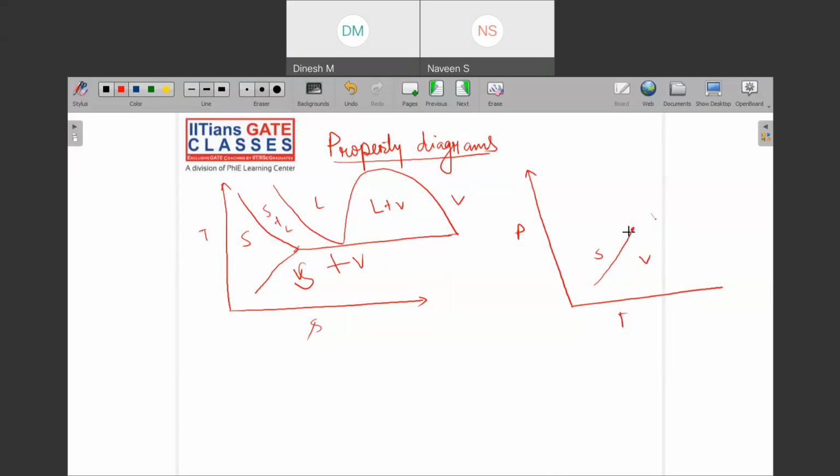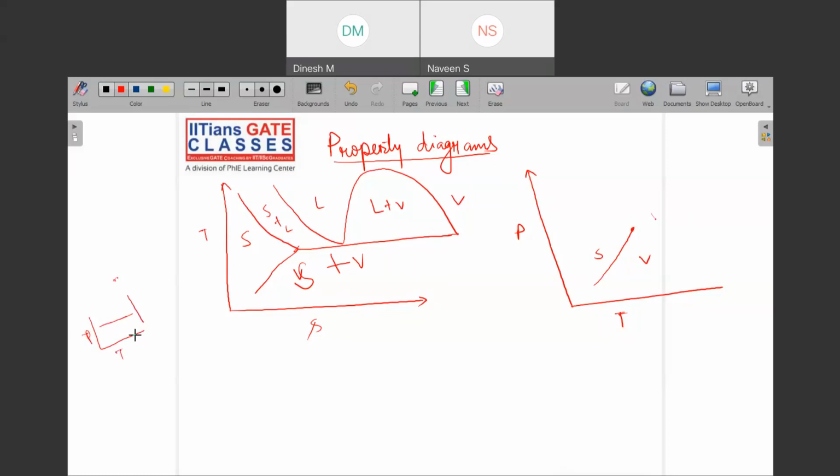Why? Because whenever we are undergoing any kind of phase change, then pressure and temperature are dependent properties, like pressure as well as temperature remains constant. Then how will I show it? There is only a point where both of the things can remain constant. Otherwise, if I draw the line like this, then this axis is constant. That means pressure is constant, but temperature is varied.